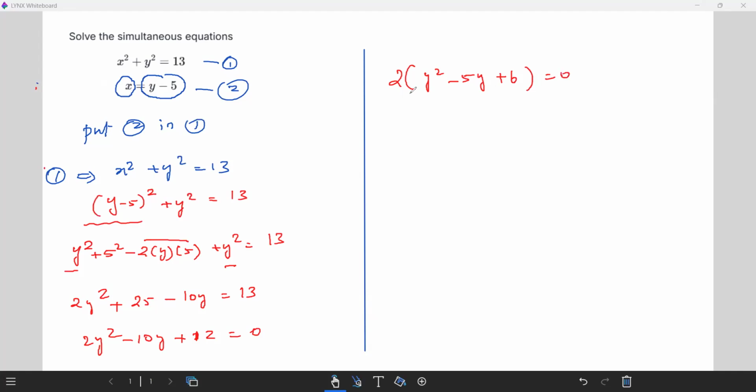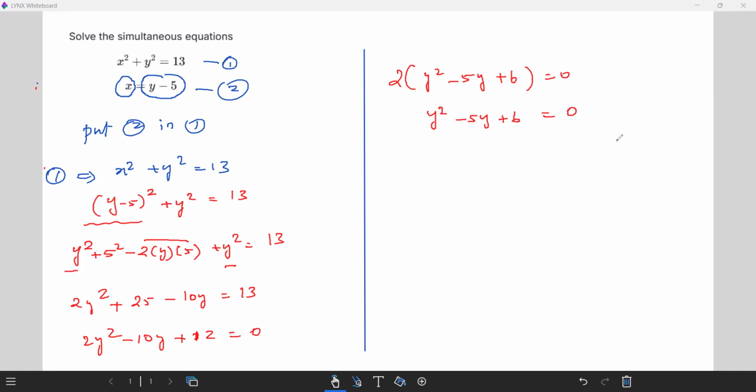Now if I take the 2 to that side, y squared minus 5y plus 6 equals 0 divided by 2, which is 0. Now we've got a quadratic equation in standard form. So now we're going to solve for y.